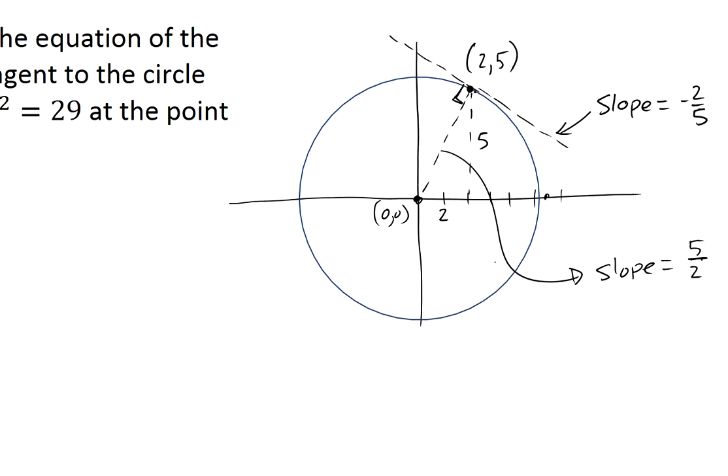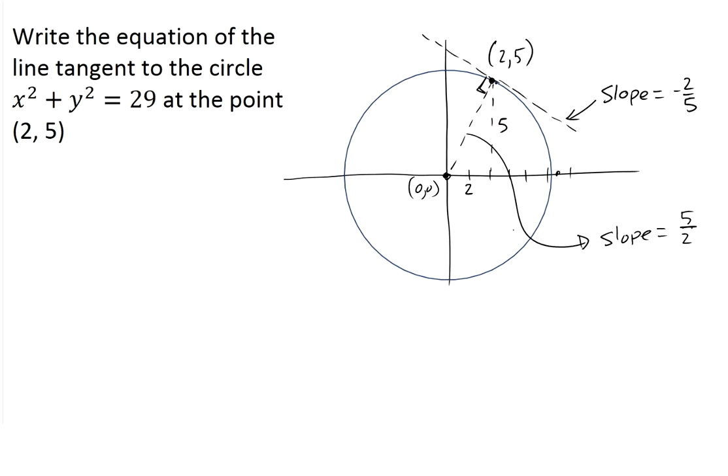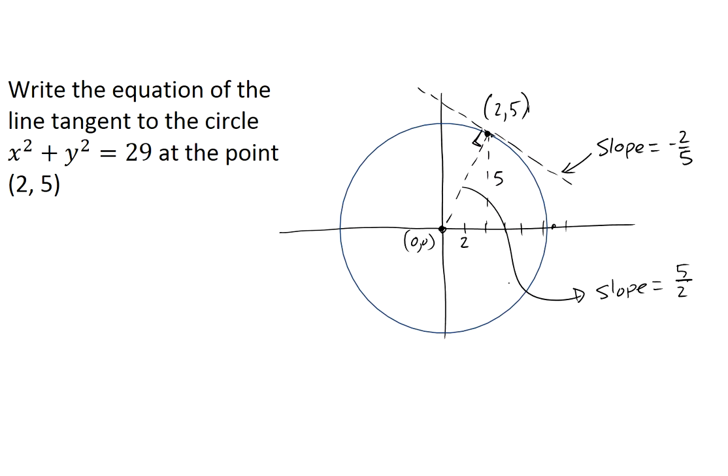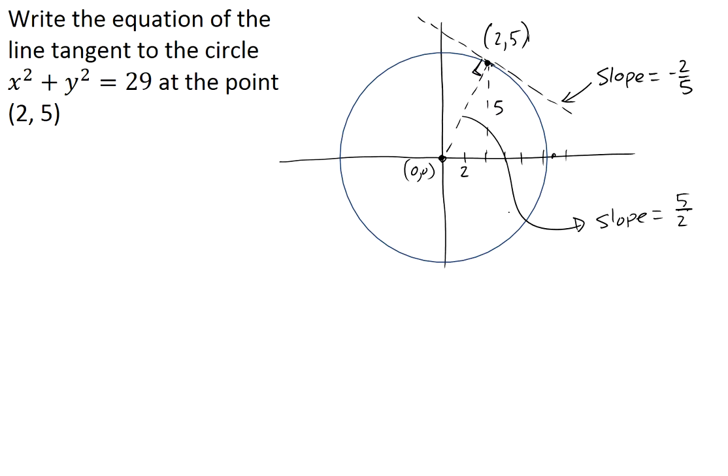We're asked to find the equation of the tangent line to this circle, x squared plus y squared equals 29, at the point (2, 5), and I think we're pretty much on our way to being done. This is the slope-intercept form of a linear equation: y equals the slope times x plus b, the y-intercept value. I know the slope, negative 2/5.